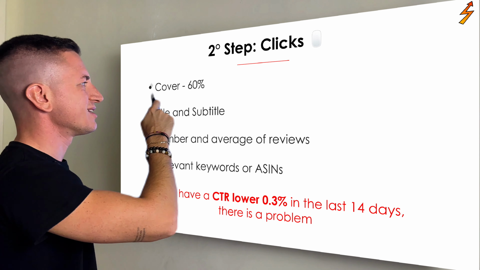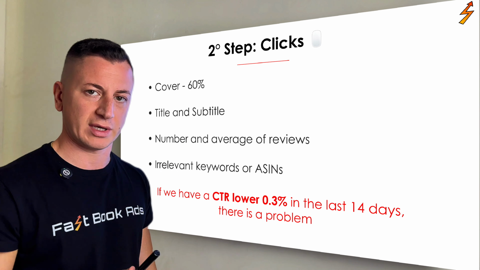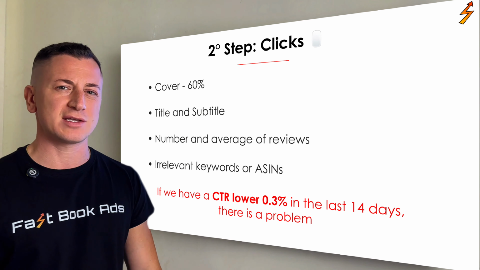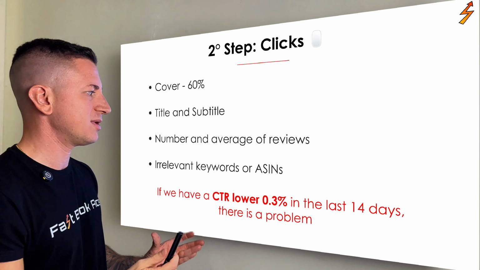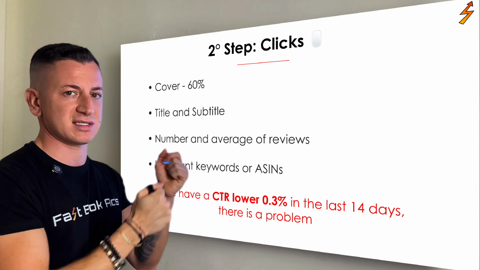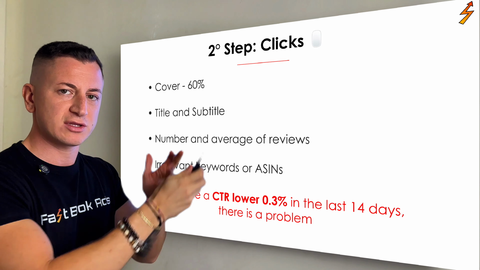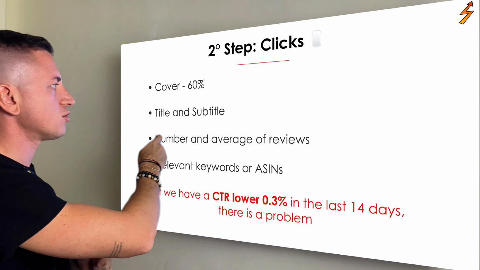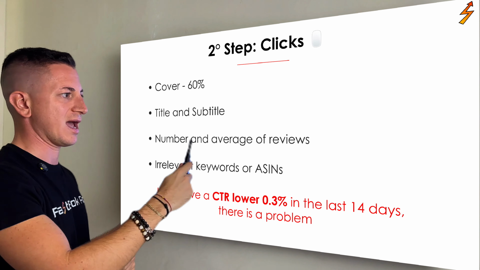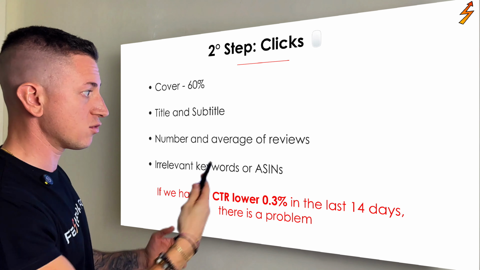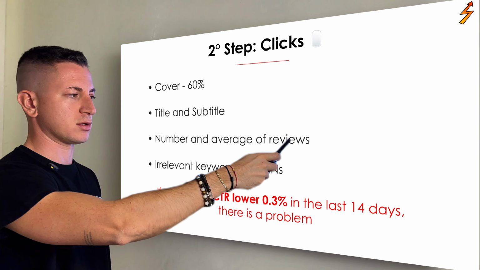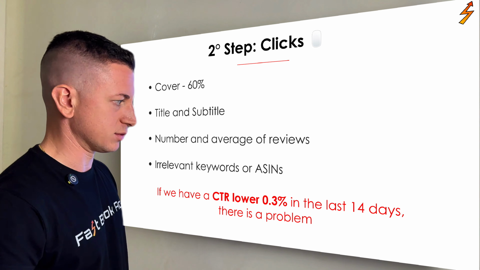Your cover is not attractive enough. Maybe the title is very small, or maybe the colors are not in contrast with each other. You need to fix your cover first, and then you can also check your subtitle and increase the number of reviews, especially if your competitors have a lot of reviews.